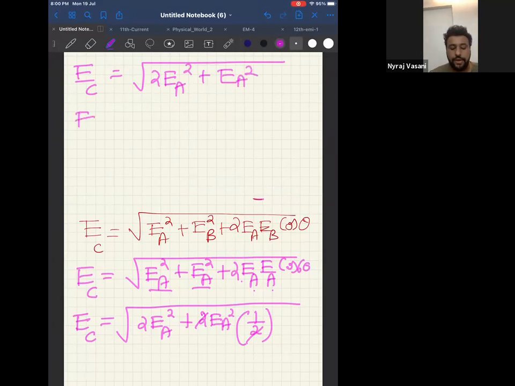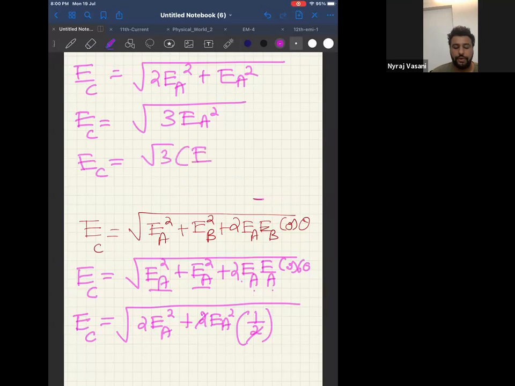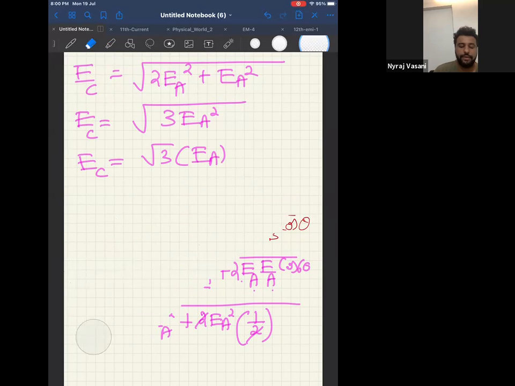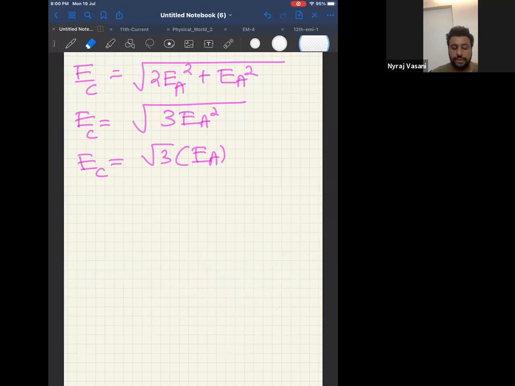Therefore, electric field at point C will be square root of 3 EA square, which is root 3 into EA, because square root of EA square is nothing but EA.